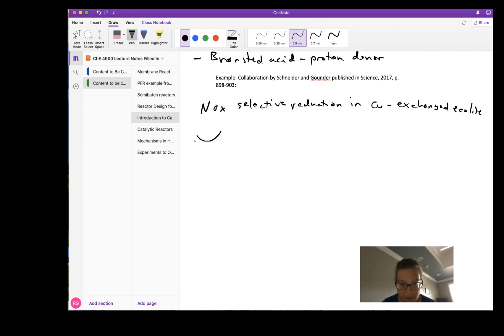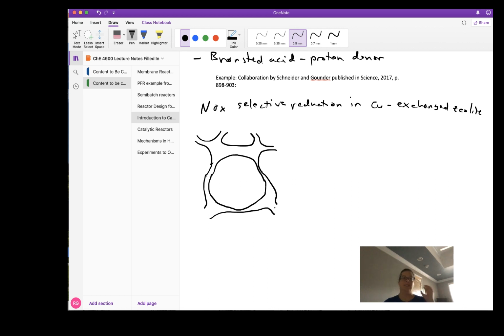So if I draw, probably poorly because I am very bad at drawing, this isn't going as bad as I thought it could have gone. Okay, so this is a porous structure.